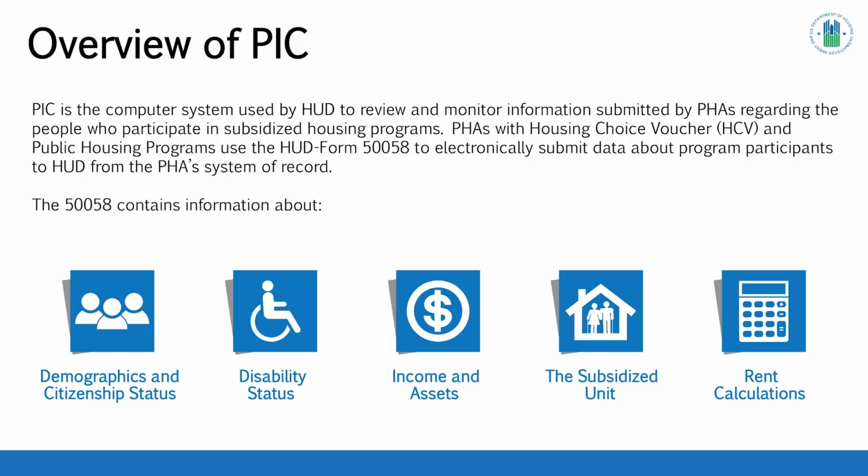The 50058 contains information about demographics and citizenship status for all household members, any disability status of household members, income and assets, the subsidized unit the family is leasing, and rent calculations.